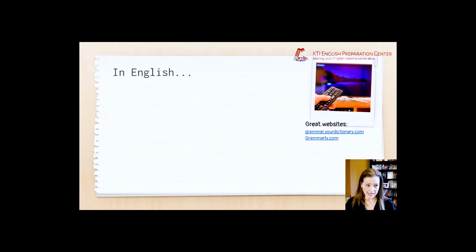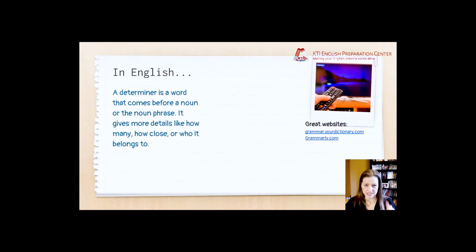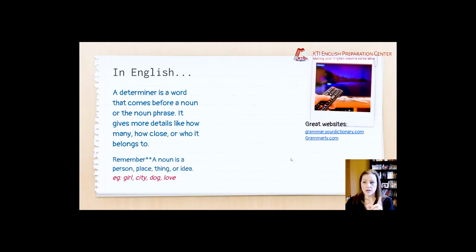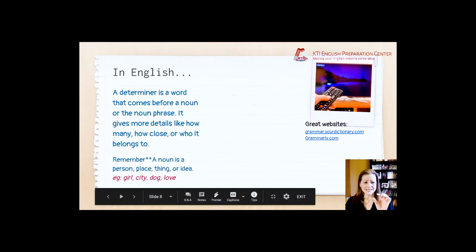So in English, we have determiners. They're these little words that come before a noun or a noun phrase. So it gives more details like how many of the noun or how close that noun is or who it belongs to, okay? Some languages don't use determiners as much as English does. Now remember, a noun is a person, place, thing, or idea.